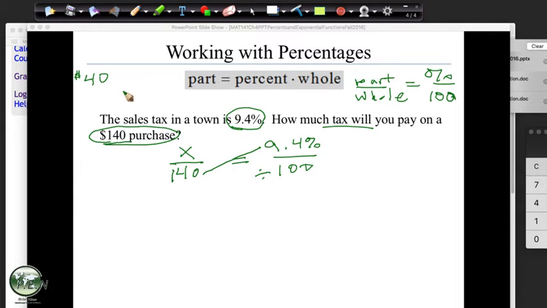I don't know if that's a good explanation or not, but then we'll add the tax on to it, and the tax is a percentage based on this number. It's a percent. The other part certainly should be less than 140.